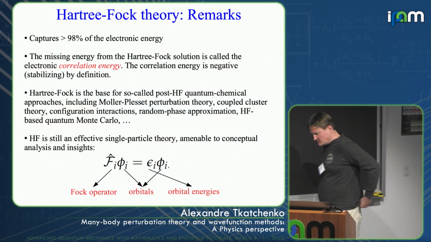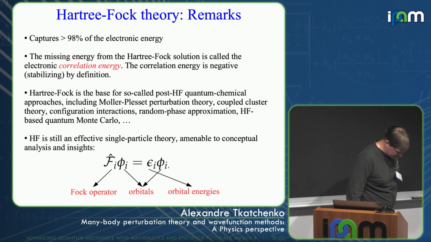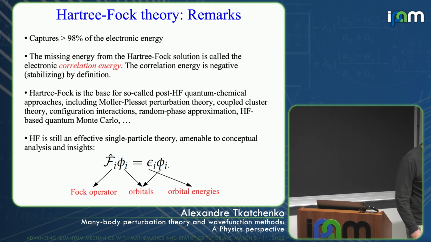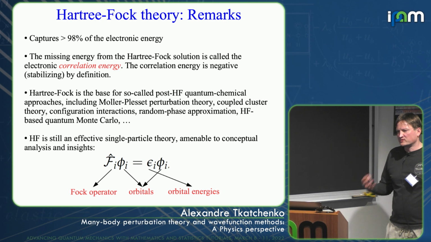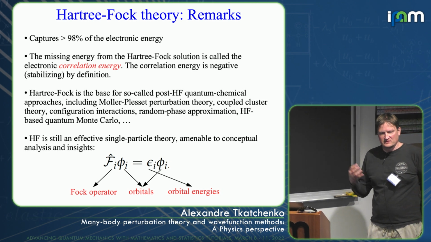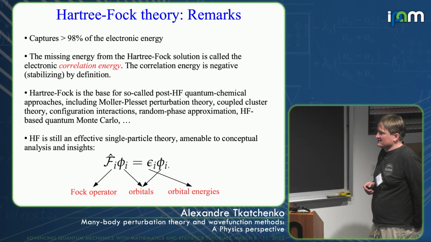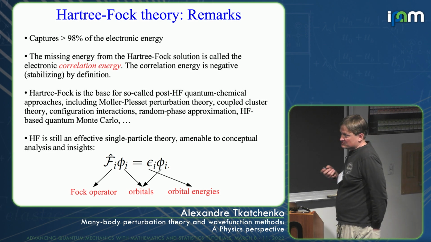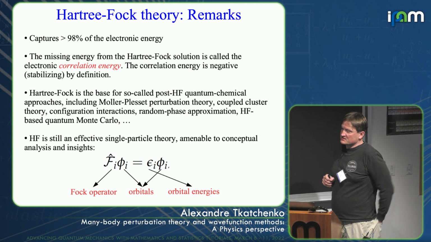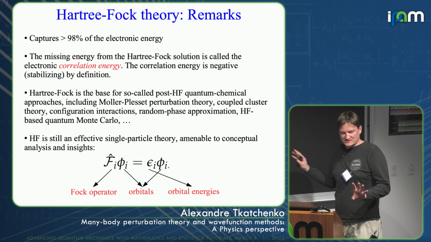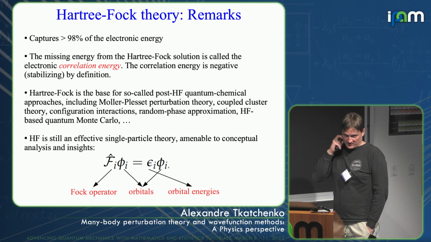Something that is often not appreciated, I think, is the scaling of the energy, so how much of the total electronic energy you recover at different levels of electronic structure theory. Something that is a bit strange even is that Hartree-Fock theory, for single reference systems and so on, captures 98% of the electronic energy.